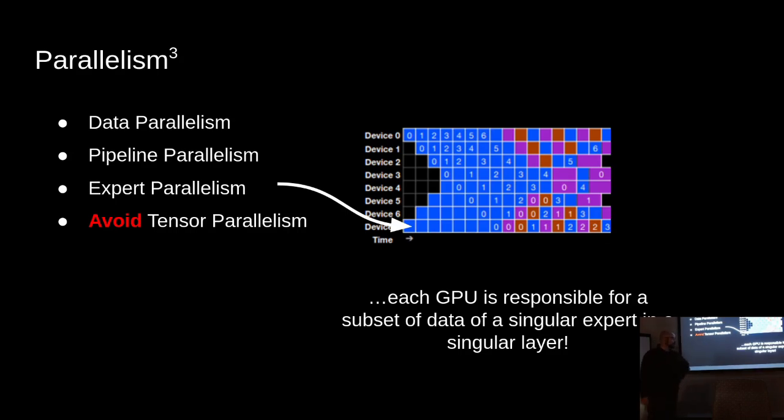Basically, tensor parallelism is that an individual tensor is too large to fit on an individual device, and you have to spread it across. They're basically saying they're avoiding this because it's too expensive to do that, which is why they went to micro batches and why they went to one expert per device. Device here, is that like a group of 8 GPUs or a single one? One device is one GPU. This is all one 8 GPU server.